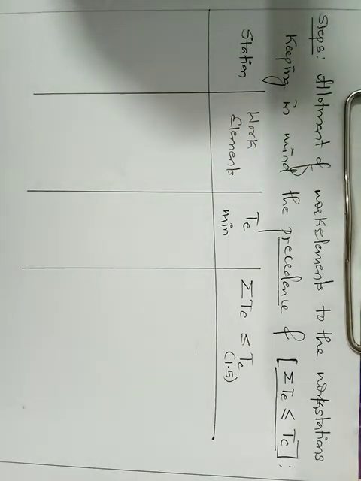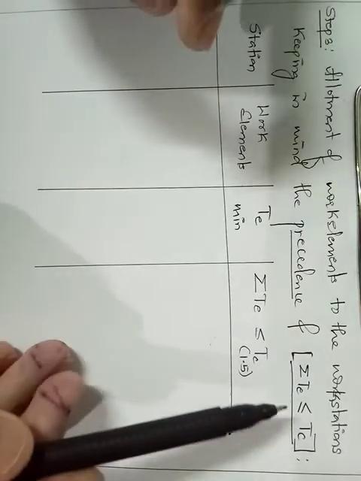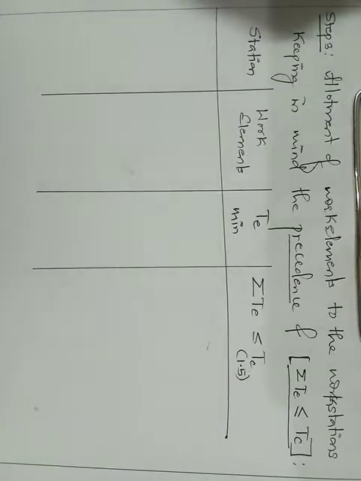Please be careful. I repeat, I need to check the precedence, which should be strictly followed, and the second criterion, where the total element time should be less than cycle time. The cycle time we have calculated as a prerequisite, and it is 1.5 minutes.